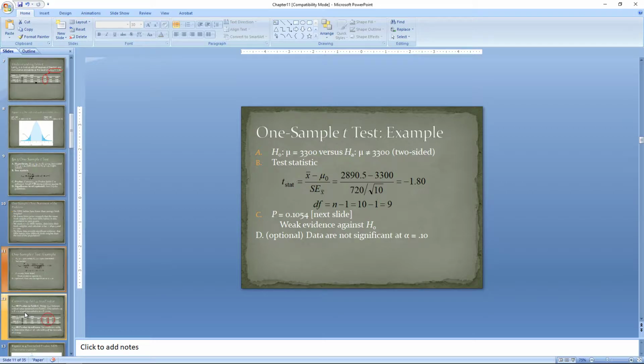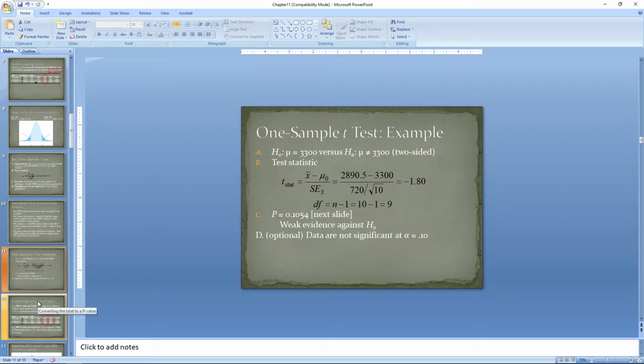So this is going to take a little bit of looking at it, and we know the critical value here for the cumulative probability of 0.95 is 1.833. Our t-statistic is going to fall short of that, just by a little bit, but it is going to fall short. So it's not going to actually reach the 0.95, and we're not going to be able to reject the null hypothesis at a 0.05 significance level.